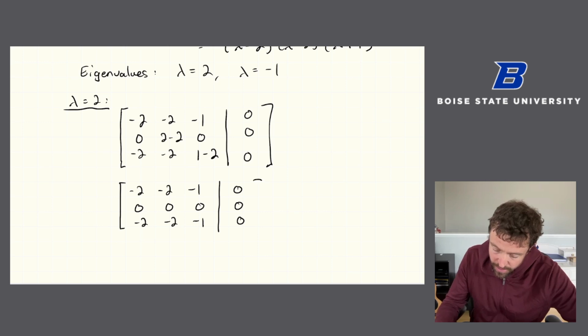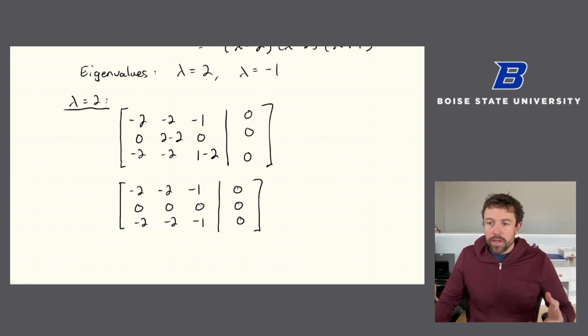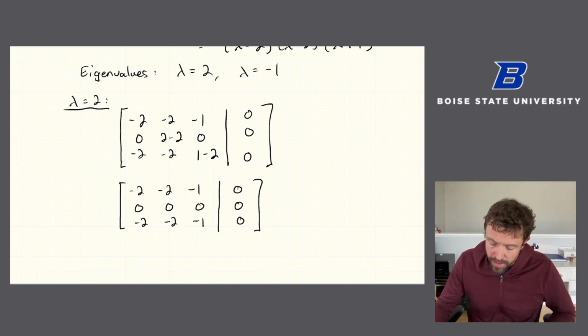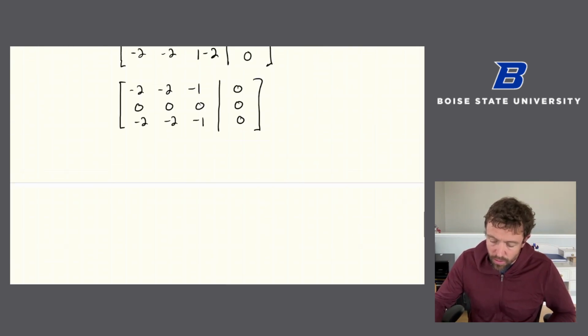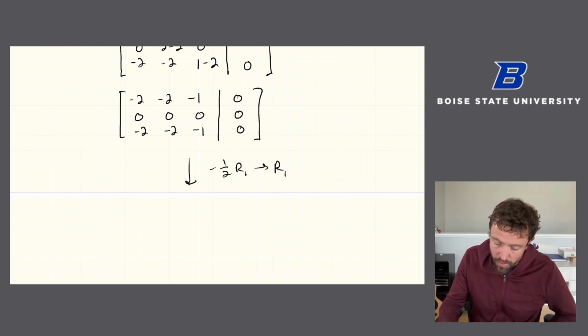And I get to here. I want to solve this linear system. I need to reduce it to reduced row echelon form. I could do this in a bunch of ways, but I'm actually working this out because normally I would skip through this, but it's so straightforward for this matrix. I'll do -1/2 row 1 in place of row 1.